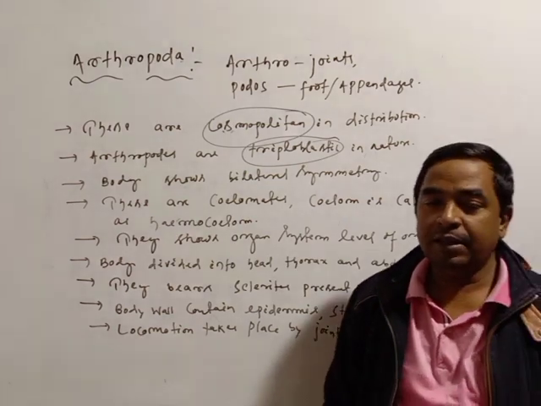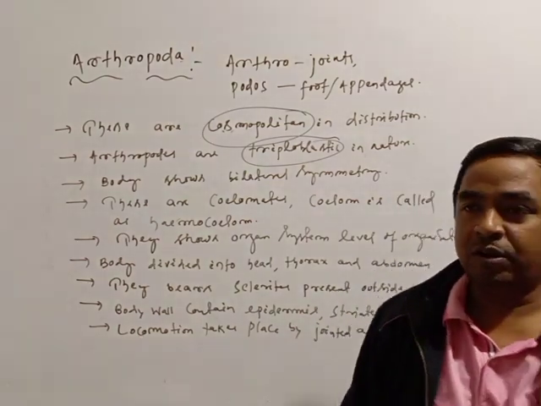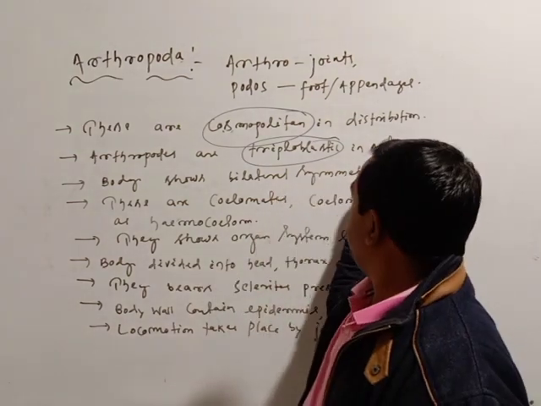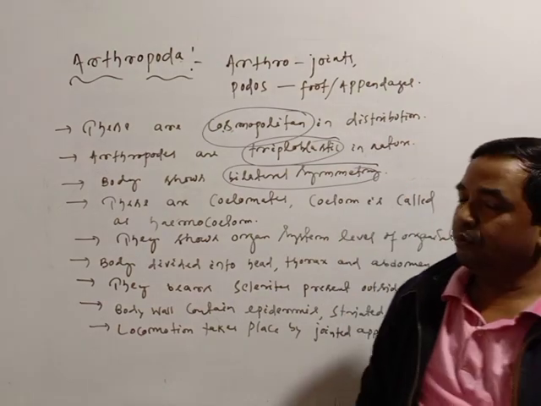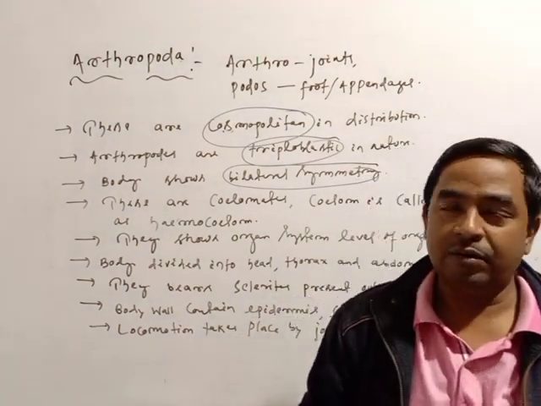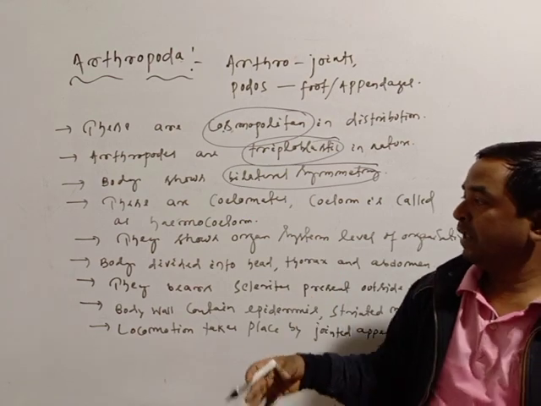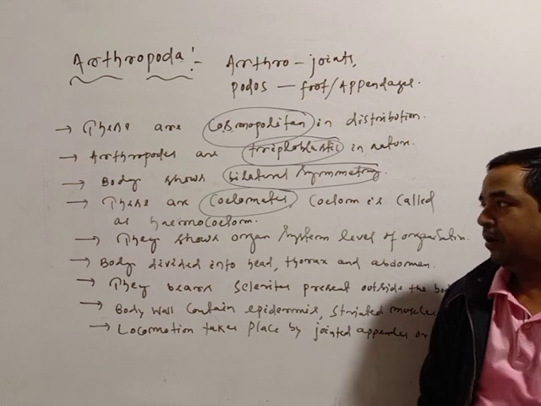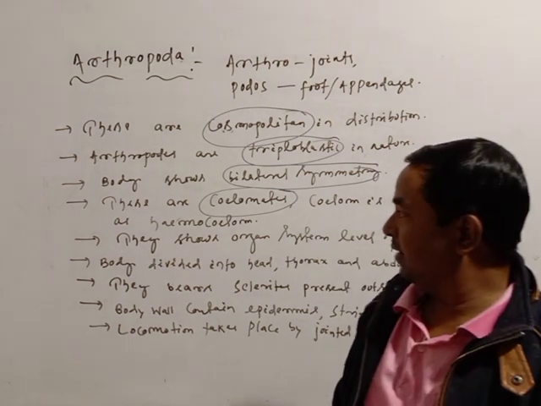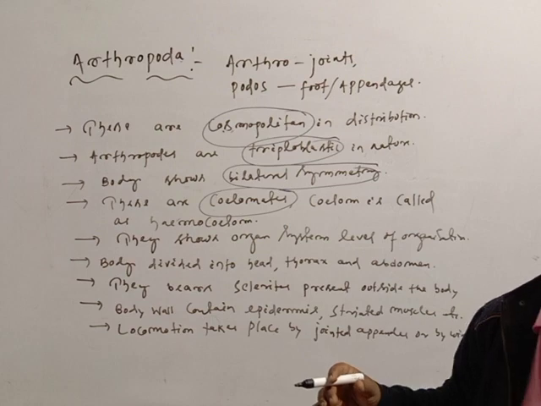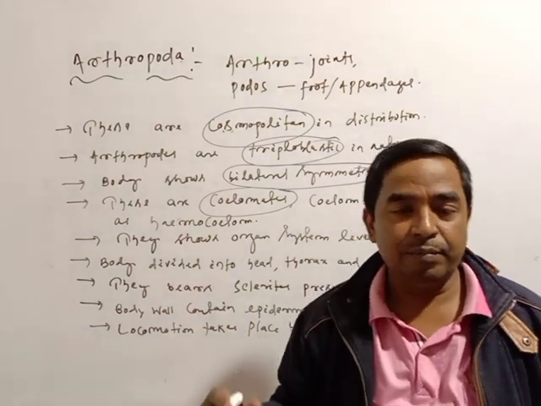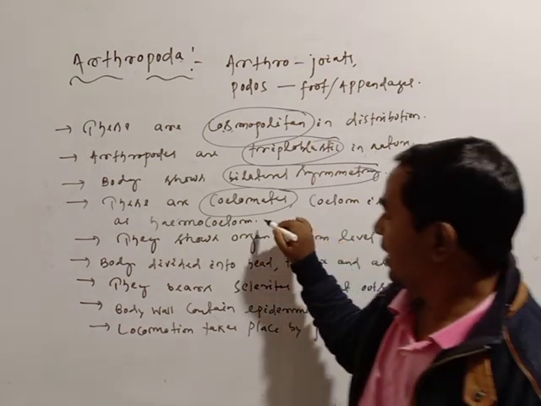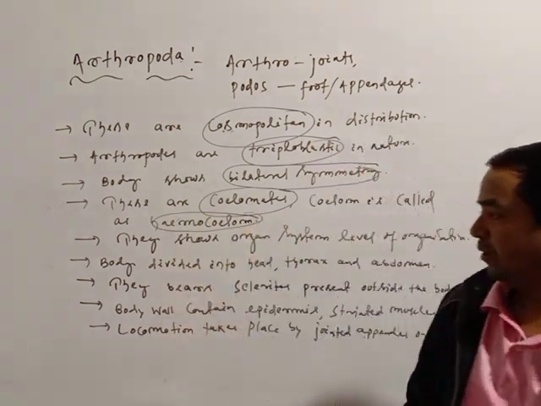Triploblastic means having 3 embryonic layers like ectoderm, mesoderm and endoderm. Then body shows bilateral symmetry, so both left side and right side look alike. And these are coelomates, means a distinct body cavity or coelom is present. Here coelom is filled with body fluids like hemolymph, hence they are called hemocoel or hemocoelom.